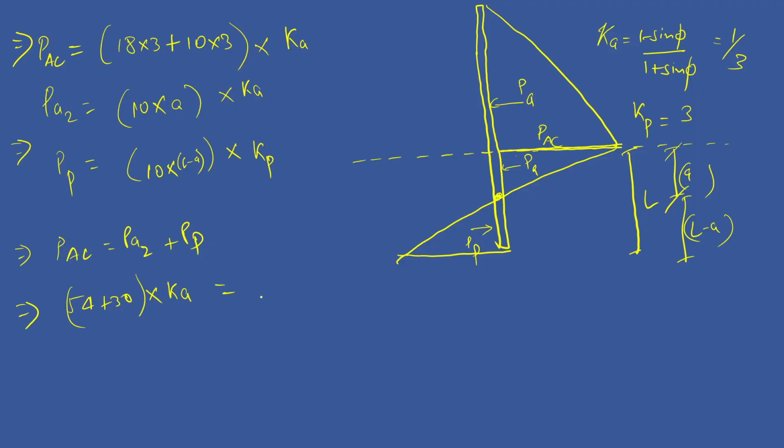Your Pa2 value is your 10 into A into Ka, and plus this value is 10 into A into Kp, and this will be, sorry, this will be minus, and this will be plus 10 into L into Kp, but we are not given the L, so how to find the L?